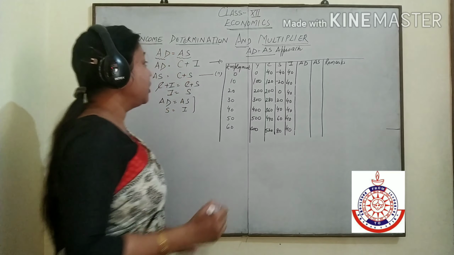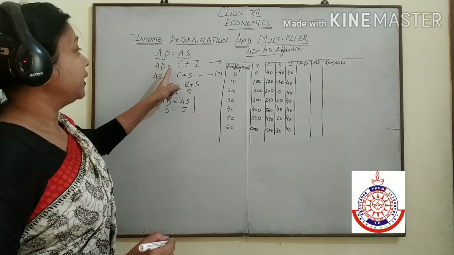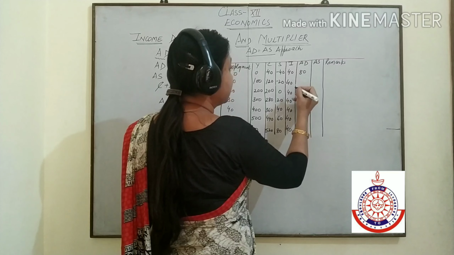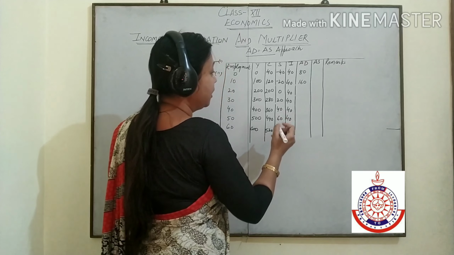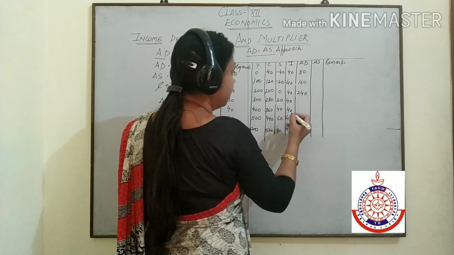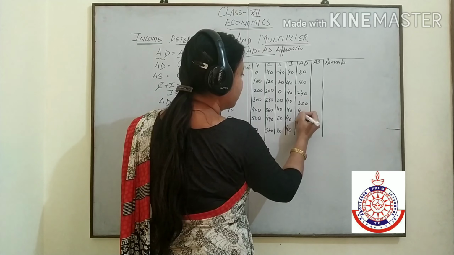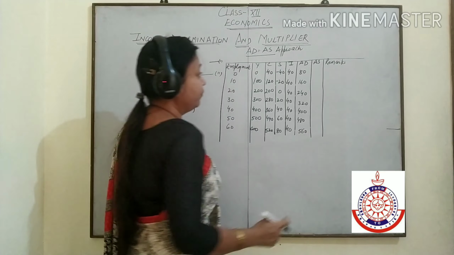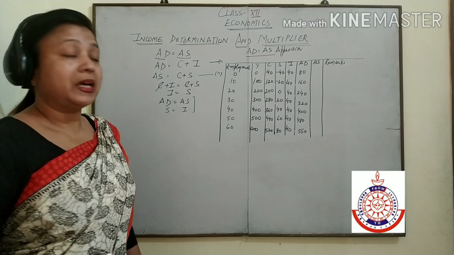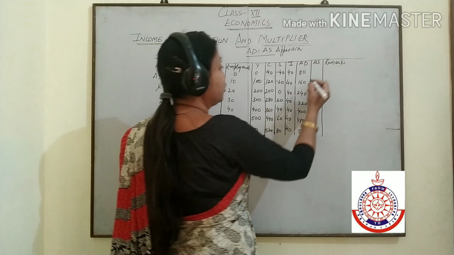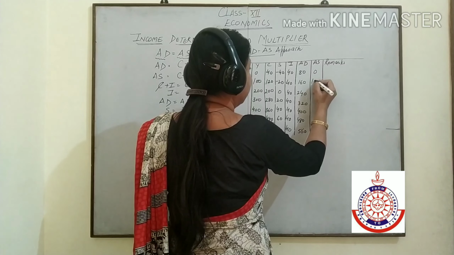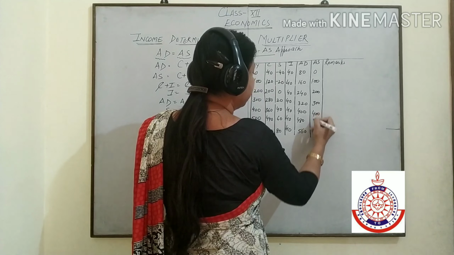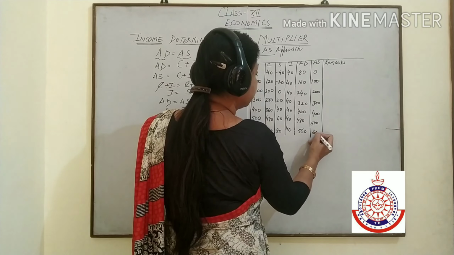Now aggregate demand, we already know the component of aggregate demand is C plus I. It means adding both the columns C plus I, that is 80, 160, 240, 320, 400, then 480 and 560. After that aggregate supply is equal to 0, 100, 200, 300, 400, 500 and 600.